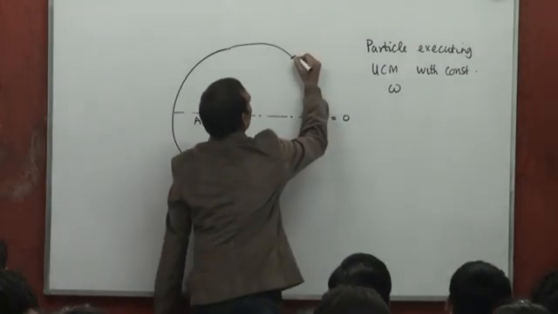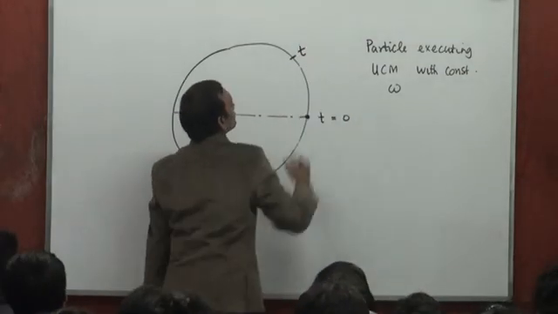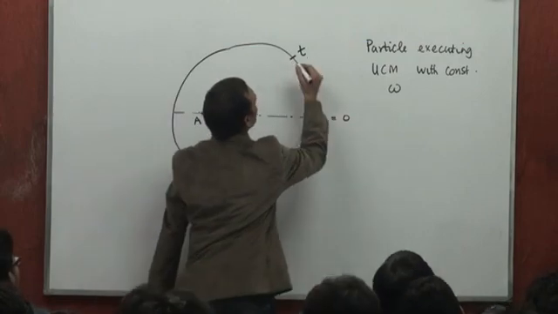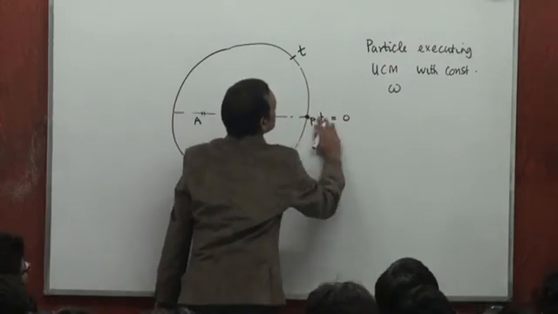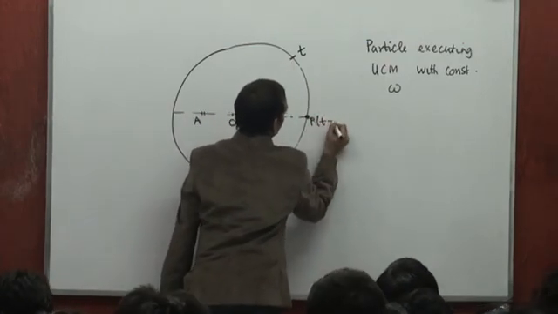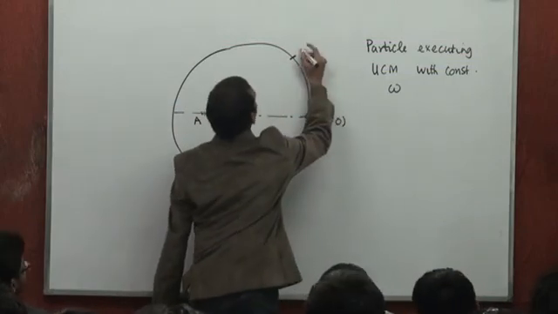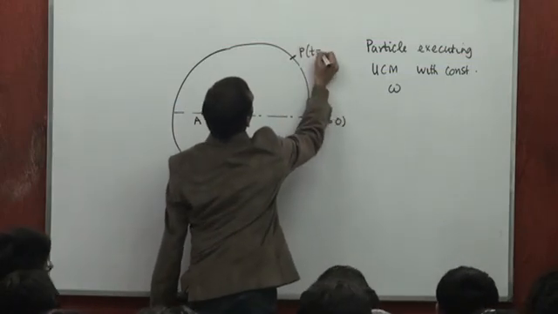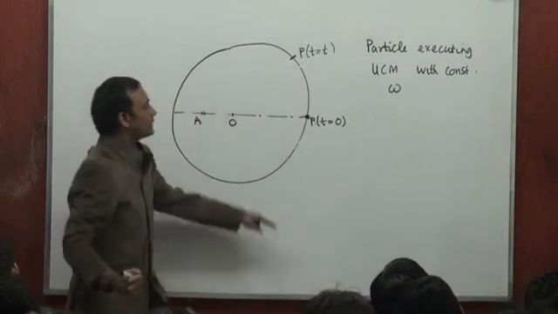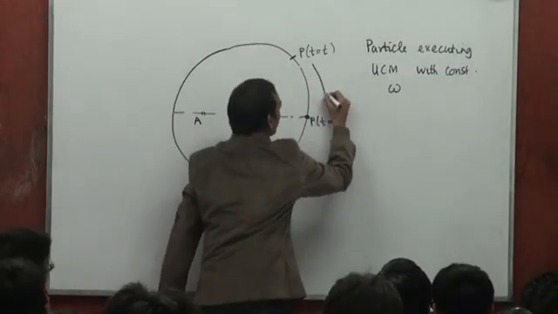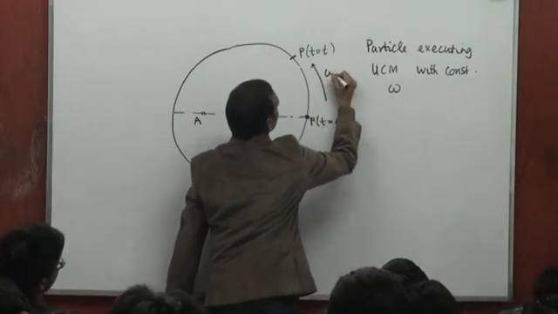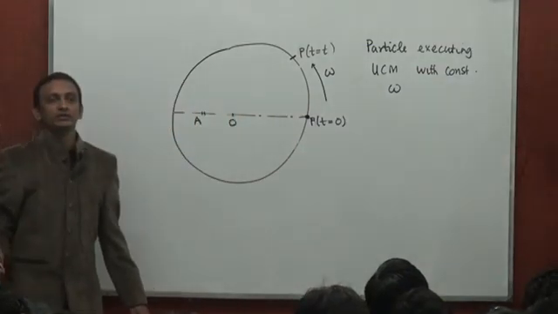In t seconds, at an instant of time t, the particle arrives here. Call this particle P. So this is P at time t equal to 0, and this is P at time t equal to t. It's executing uniform circular motion with angular velocity omega.